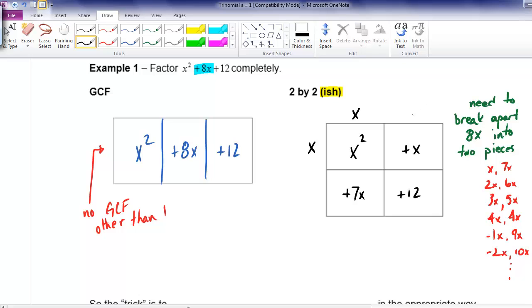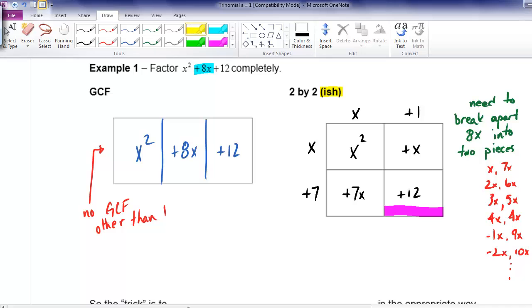If I need to figure out this dimension on the top right, well, what times x is equal to x? And that's 1. Now I go down to the bottom left and ask myself the same question: what times x is equal to 7x? And it's 7. And just like with 2 by 2 grouping, we leave our last little box as a check.